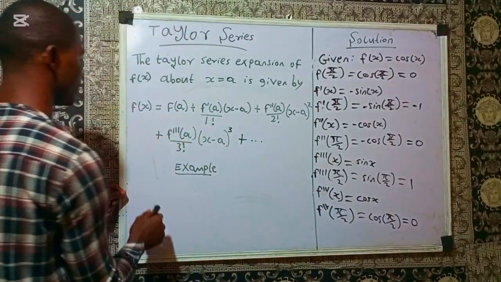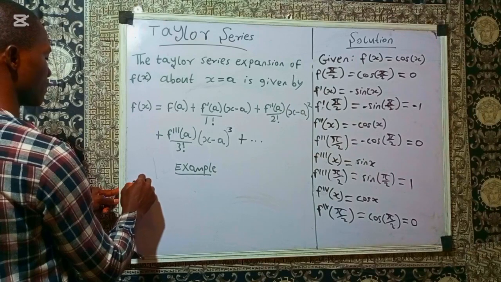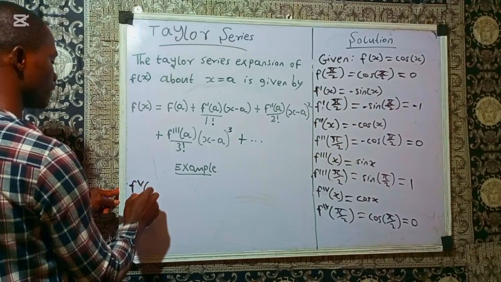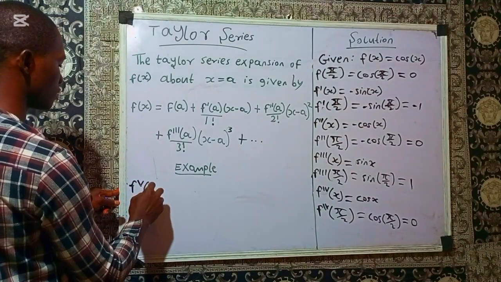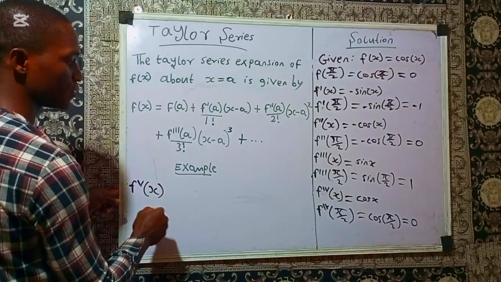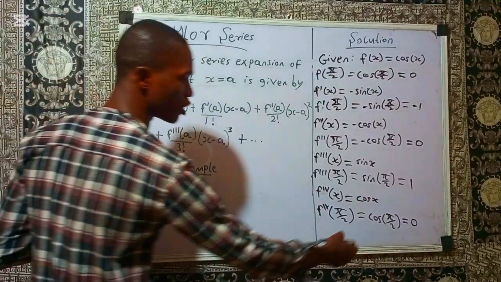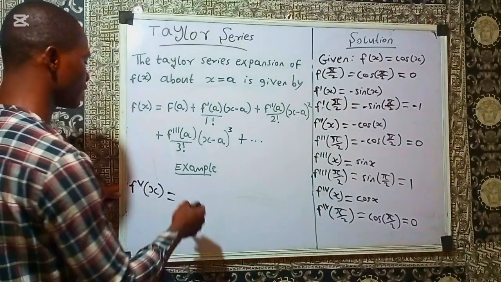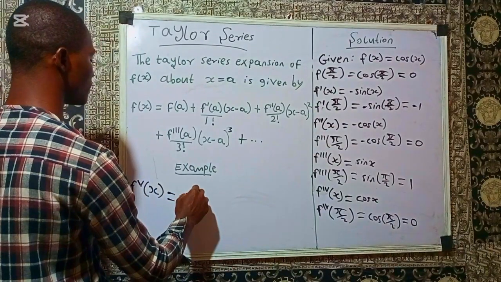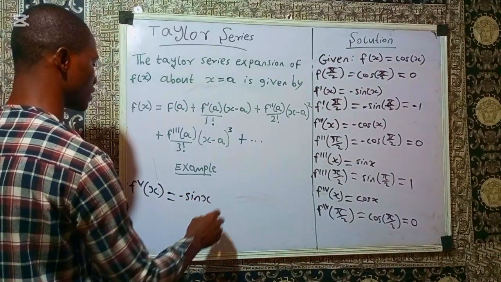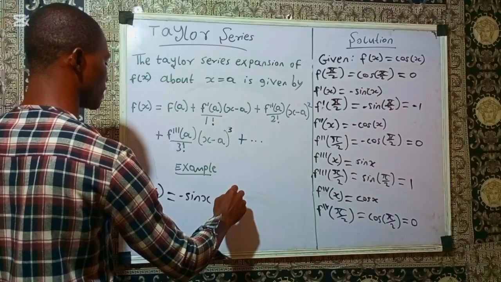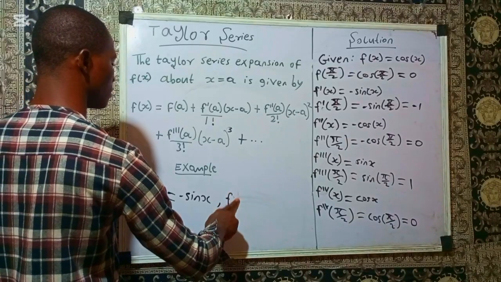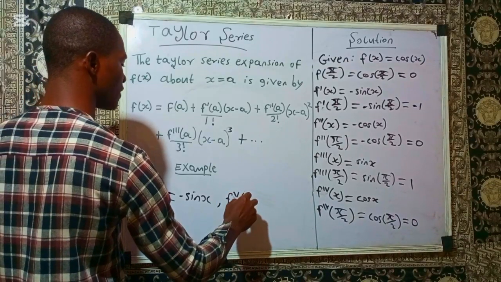Next, you do the what? Let's do the fifth derivative here. The fifth derivative of our function f. You come to this cosine. This is our fourth derivative. Differentiate the fourth derivative to get the fifth derivative. Get negative sine x if you differentiate cosine. And the fifth derivative at a.